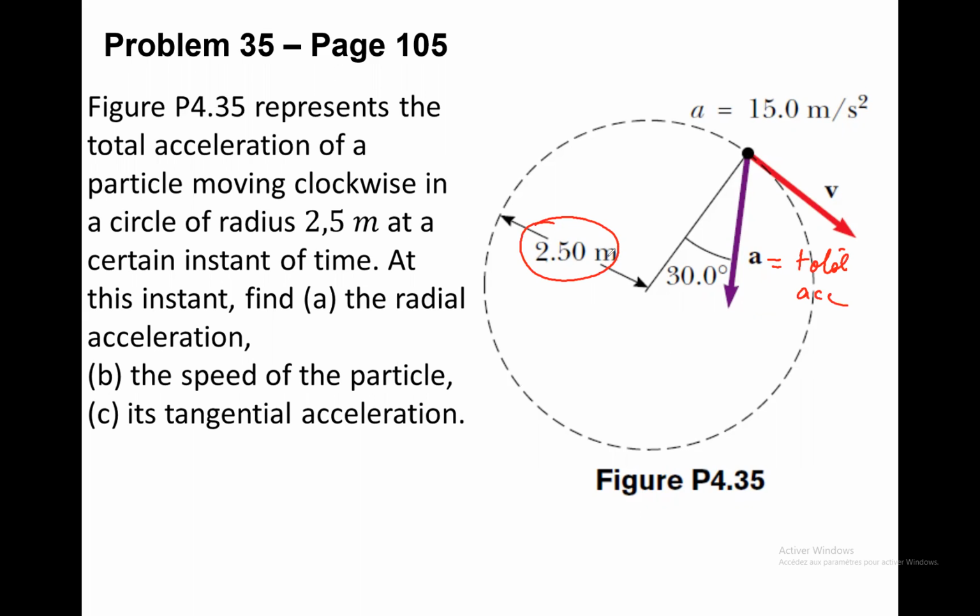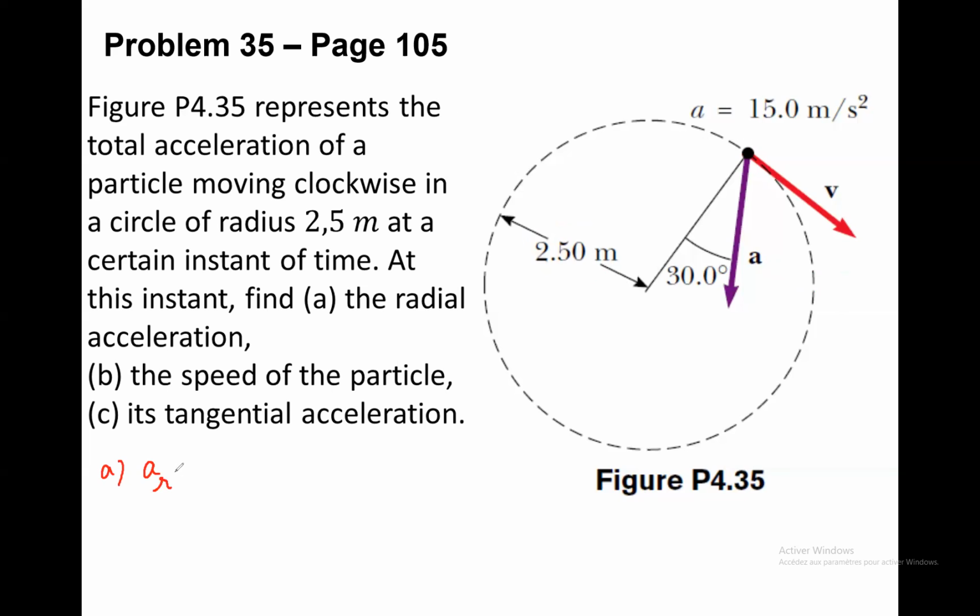At this time, where the object is at this point, find the radial acceleration. Okay, let's discuss this position. We saw before, now we need to calculate part A, we need to calculate A radial.